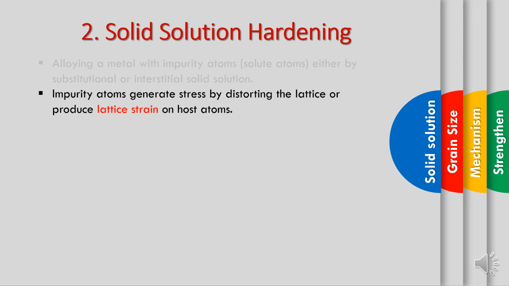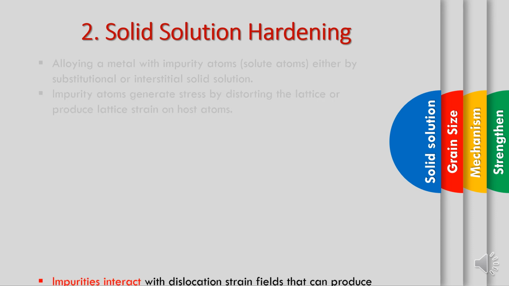Impurity atoms generate stress by distorting the lattice, or produce lattice strain on host atoms. When the impurity gets inside among the host atoms, it will basically produce lattice strains.